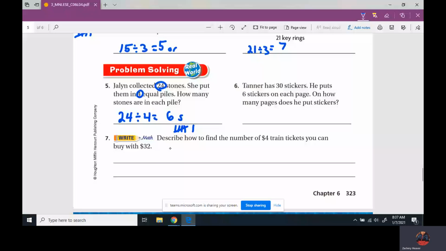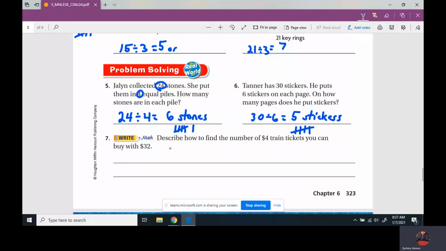He puts 6 stickers on each page. How many pages does he put stickers on? So we skip count 6 to 30. It's 6, 12, 18, 24, 30. So we have 5 pages. And multiplication charts are good for this. Multiplication charts can help you a lot with this.